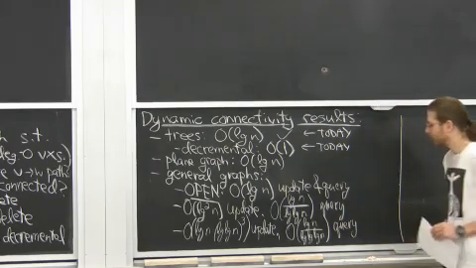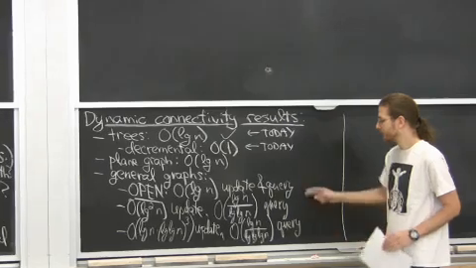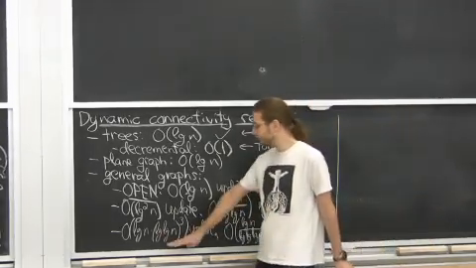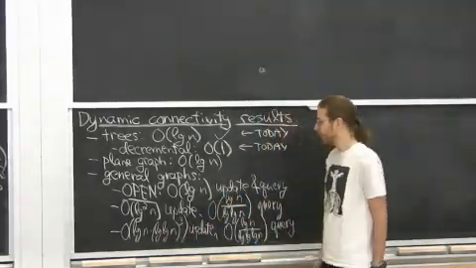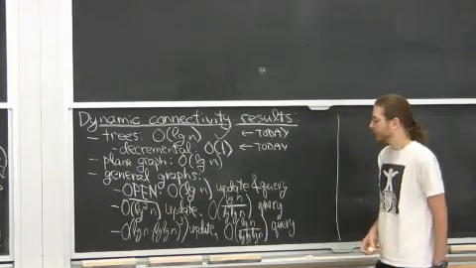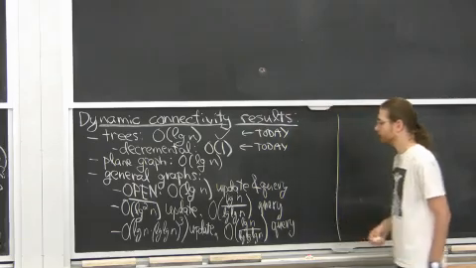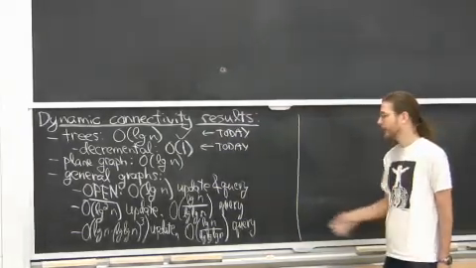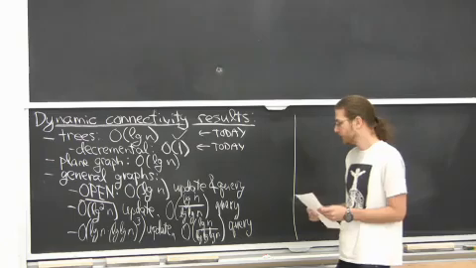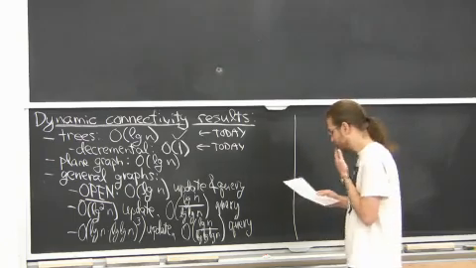It'll sort of make sense why in a moment. So the lowest update time known is this one, log n times log log n cubed. Big open question is whether you can get log n for update and any kind of reasonable query time. But ideally log n for both.